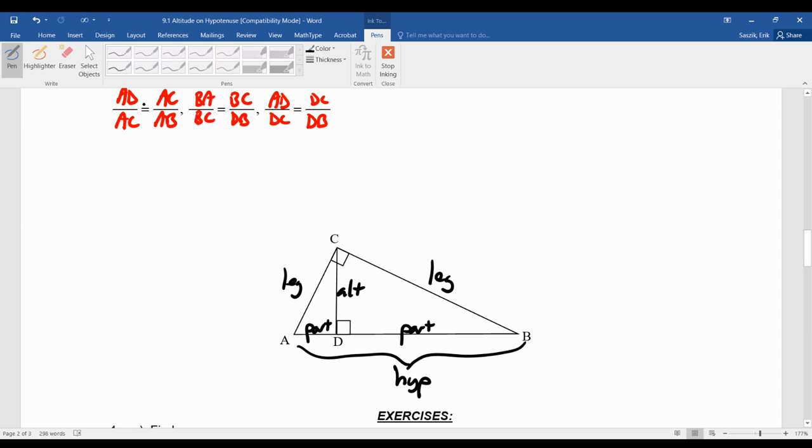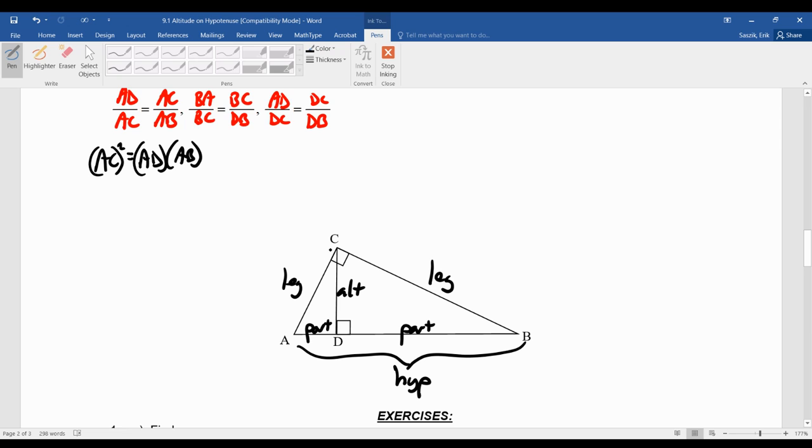Now look at this. See this AC here? That AC is a leg. And if I cross multiply, watch that, I get AC squared equals this times this, AD times AB. Now look at this, okay?